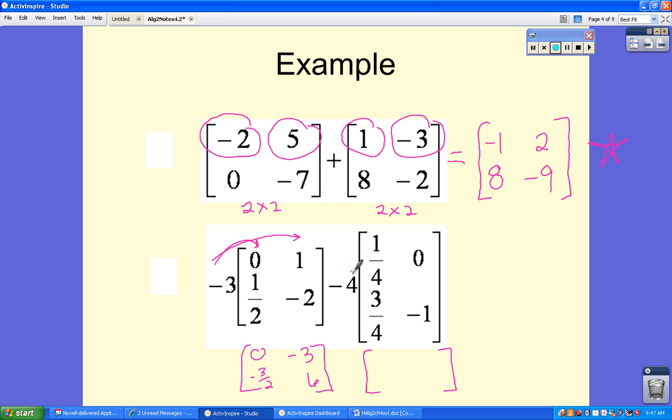Okay? Now I'm going to multiply the entire second matrix by negative 4. That way I can have an addition sign when I'm done. That gives me negative 1, 0, negative 3, and 4. Double checking. Negative 1, 0, negative 3, 4.